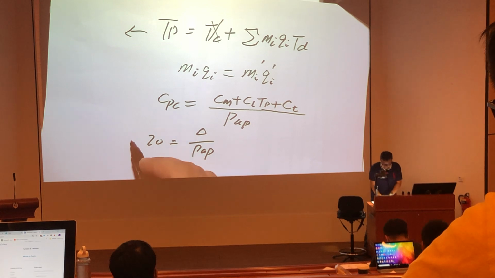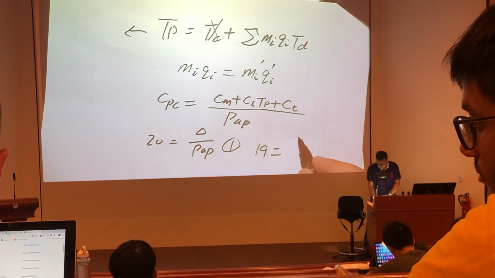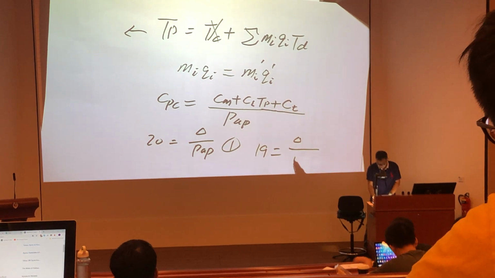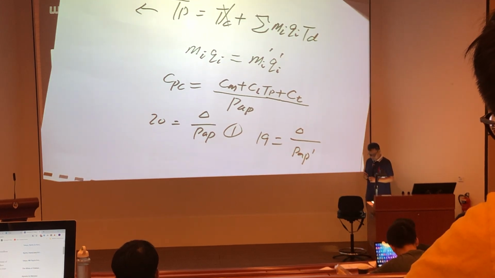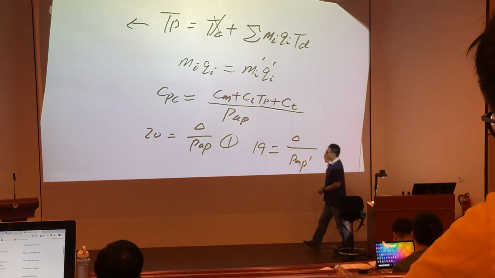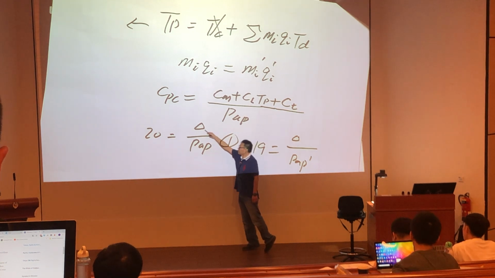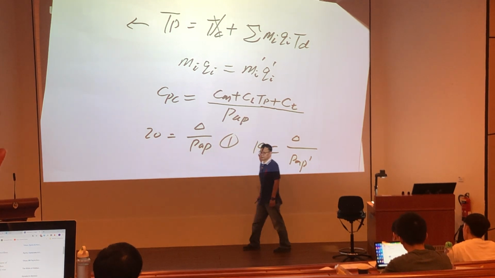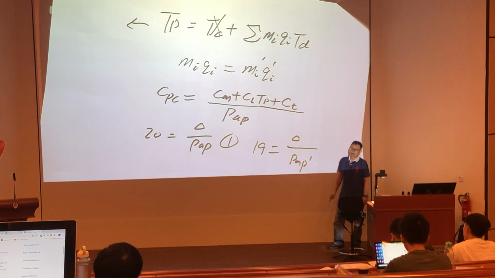That's the current situation, equation 1. After that, we want to reduce to 19 equals delta, still the same, over PEP prime. So we know the current PEP, and the value of this delta, so we can calculate PEP prime here.